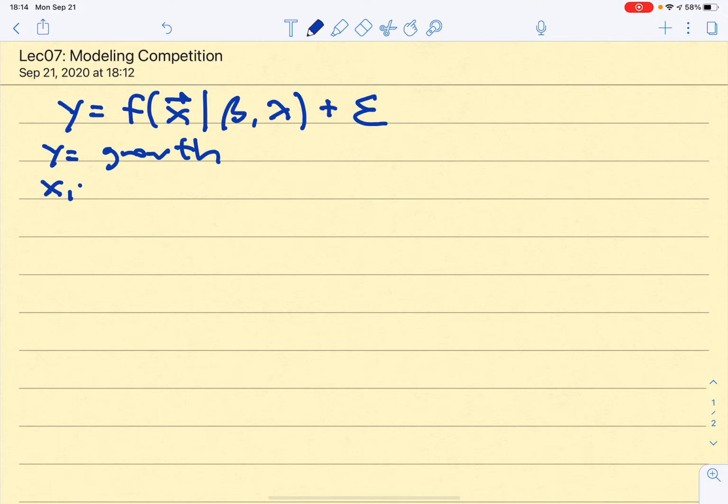We're going to have x1 be the DBH of the tree, but we're also going to have x2 being equal to competitor biomass.